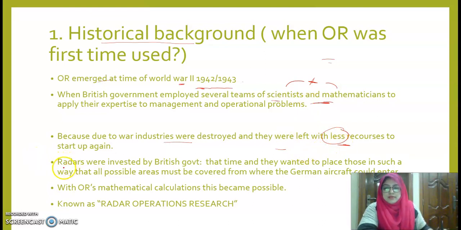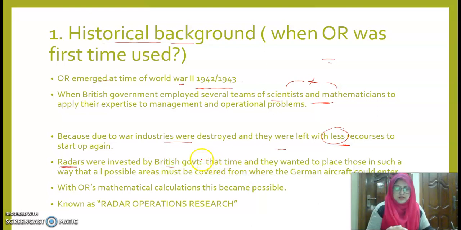At the same time, because World War II was going on, radars were invented by the British government, and they wanted to place them in such a manner that all the possible regions and areas were covered, so that if any aircraft entered that boundary, they would know as soon as possible.